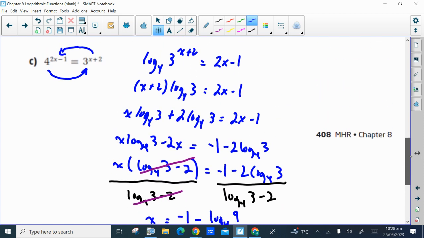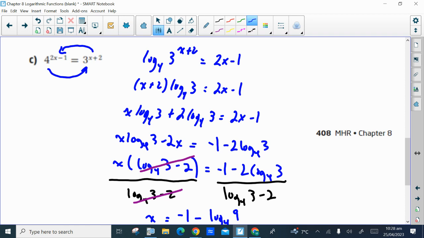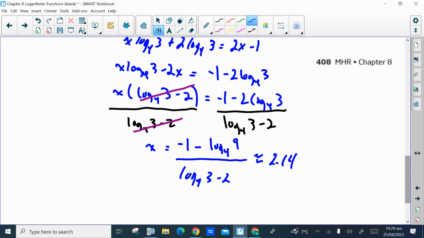You could also do this by taking the log of both sides and then move the exponents in front as coefficients. The exact value expression will look a little bit different, but it'll have the same value at the end when you work it out. Okay?